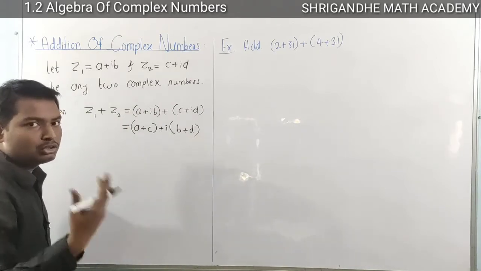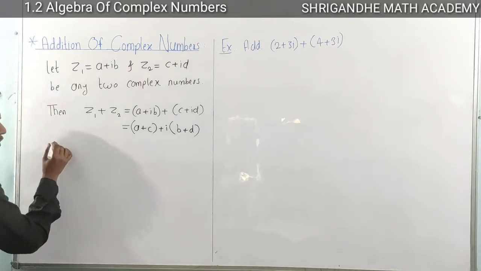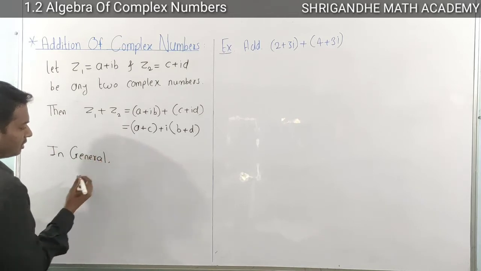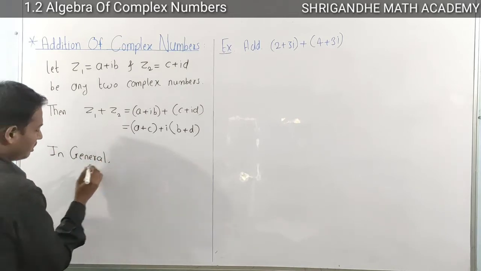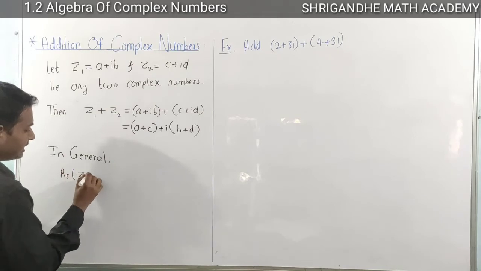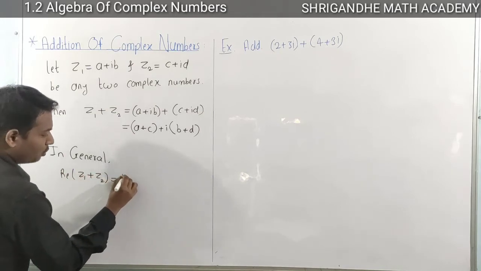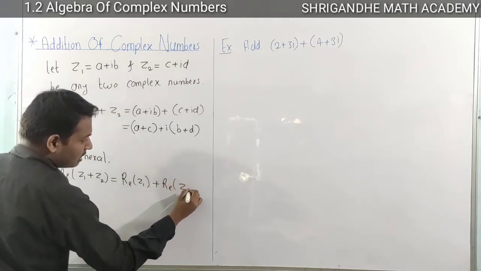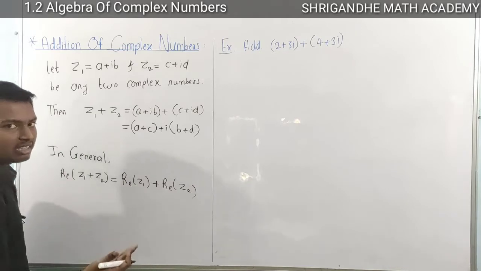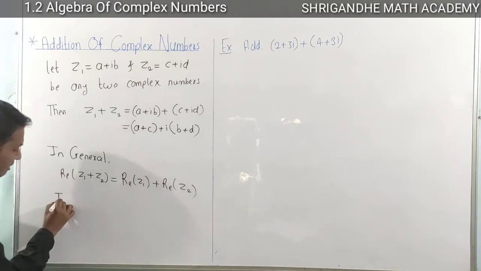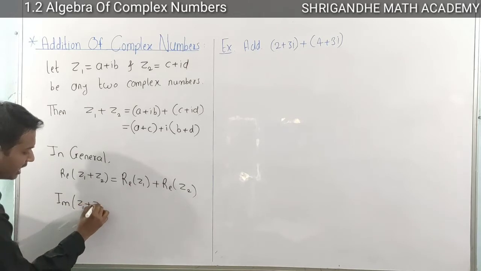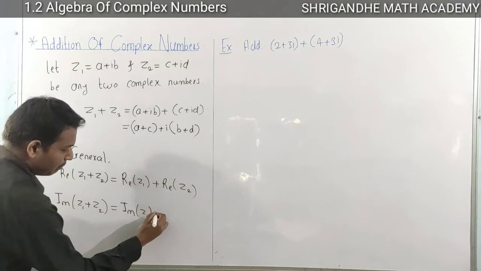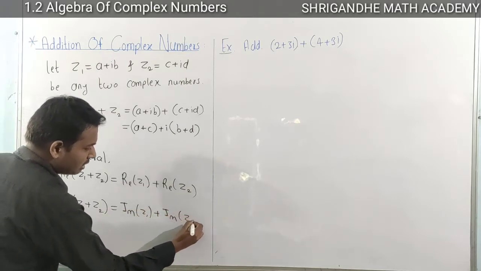Therefore this can also be written in general as: real part of Z1 plus Z2 is equal to real part of Z1 plus real part of Z2. Also for the imaginary part, the same thing. Therefore imaginary part of Z1 plus Z2 is equal to imaginary part of Z1 plus imaginary part of Z2.